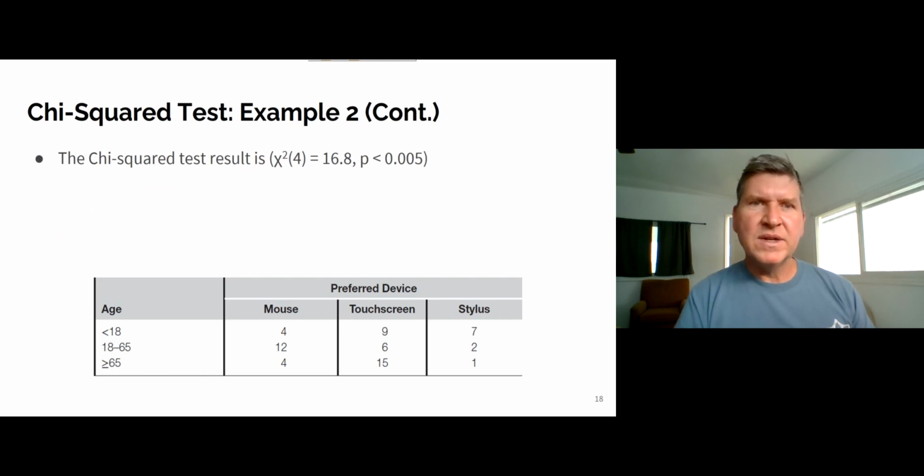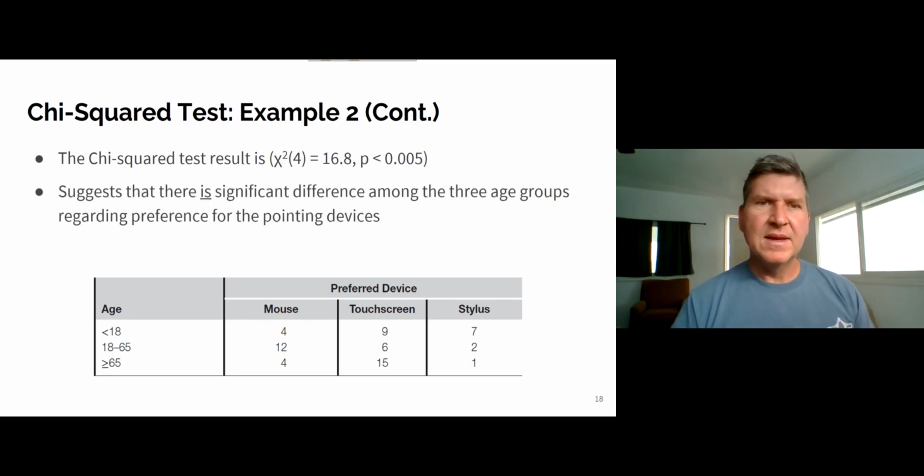The chi-squared test result is chi-squared with 4 degrees of freedom equals 16.8, and that gives us a p-value of less than 0.005. This suggests that there is a significant difference among the 3 age groups regarding preference for these 3 pointing devices.